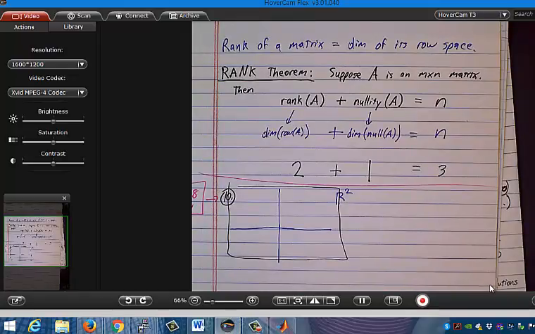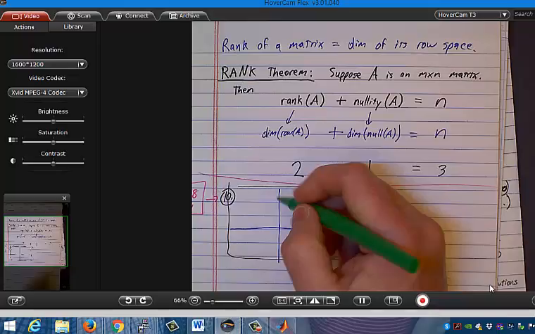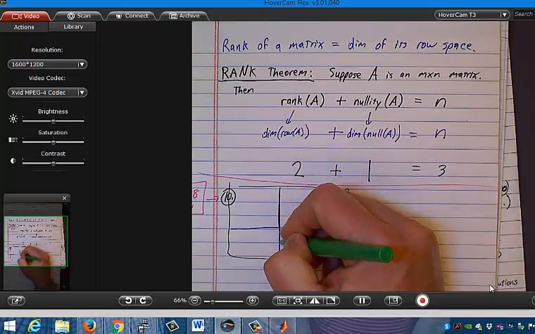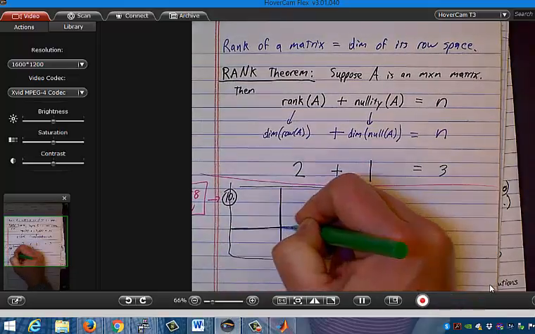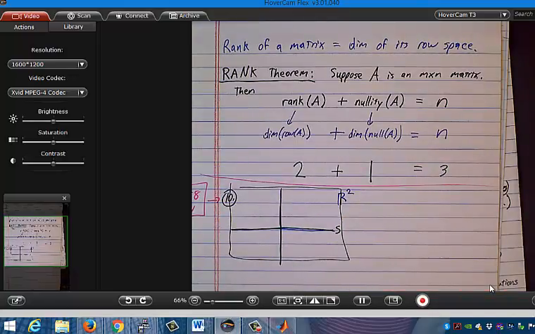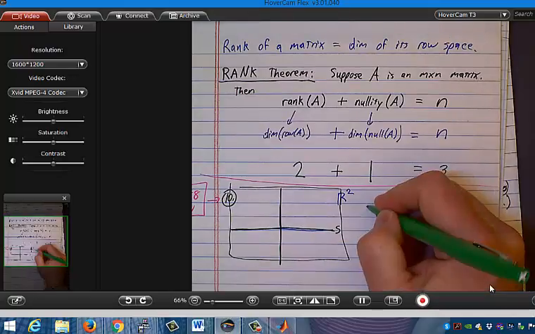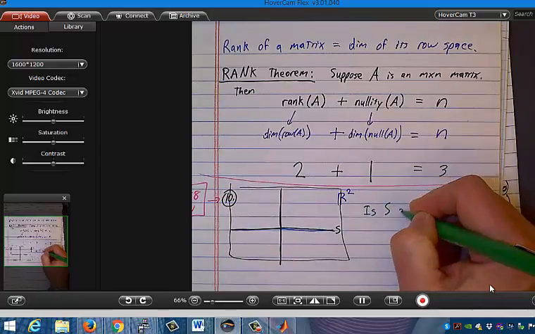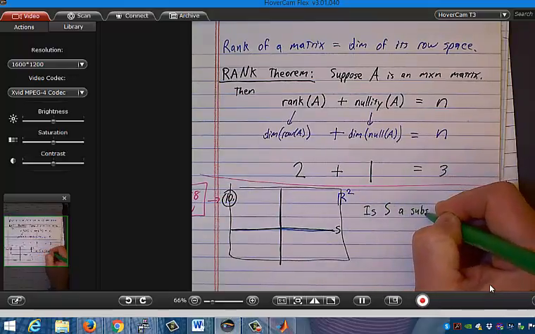But S is all the points in R2 that are either on this axis or that axis. So here's S. And so the question is, is S a subspace of R2? What do you guys think?